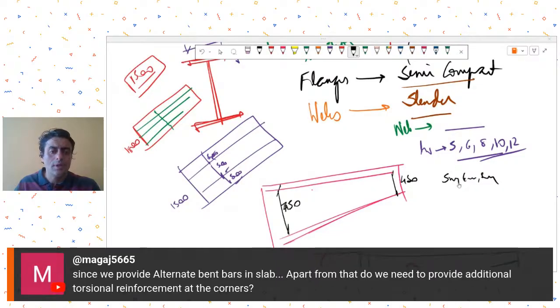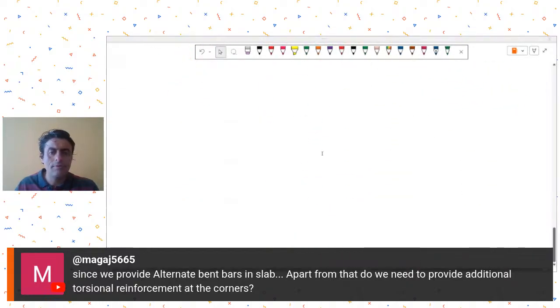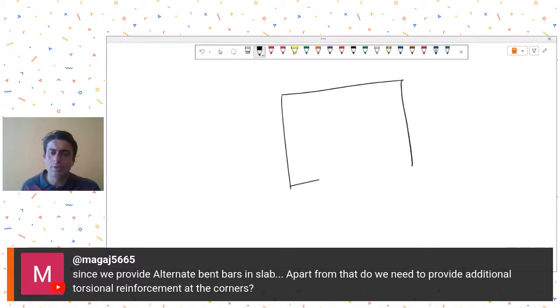Okay. The next query is from Engineer Magaj. Since we provide alternate bent up bars in slab, apart from that, do we need to provide additional torsional reinforcement at the corners? Yes. The code clearly says that the torsional reinforcement is in addition to whatever flexural reinforcement you are providing.